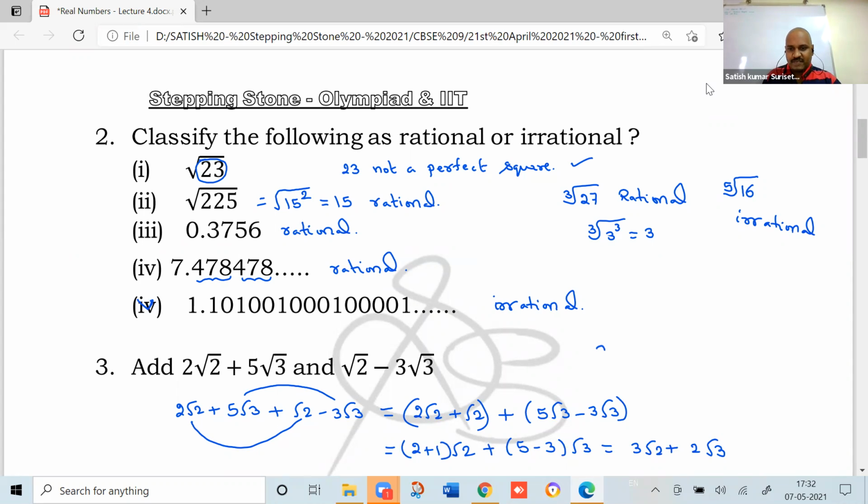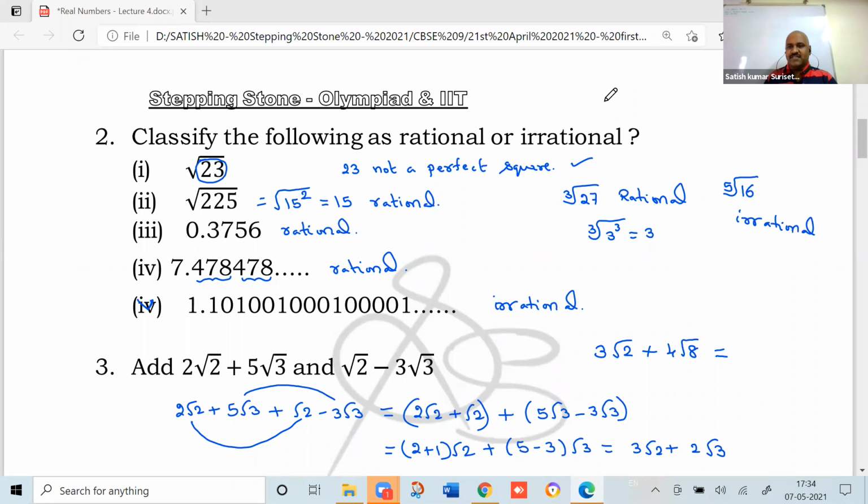Try this: 3 root 2 plus 4 root 8. Here you need to simplify root 8. 4 into root 8 can be written as 4 into root 4 into root 2.